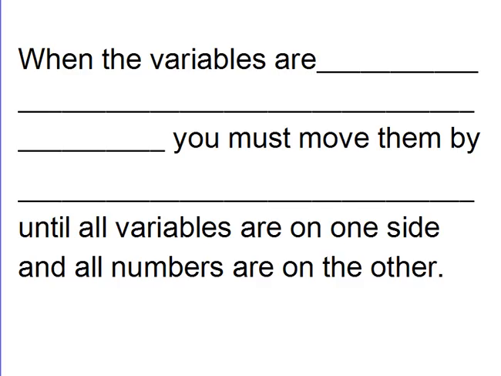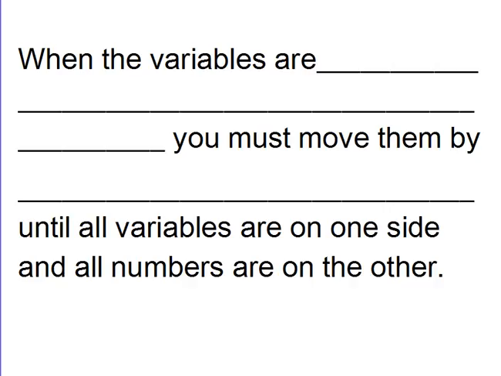Okay, so for the next part, let's try to fill in the blanks of a sentence. The sentence says, when the variables are blank, you must move them by blank until all variables are on one side and all numbers are on the other. So the first part of the sentence is telling you what equations with variables on both sides are.